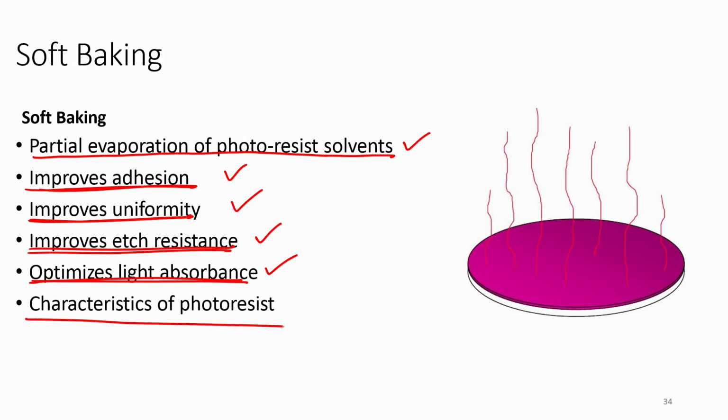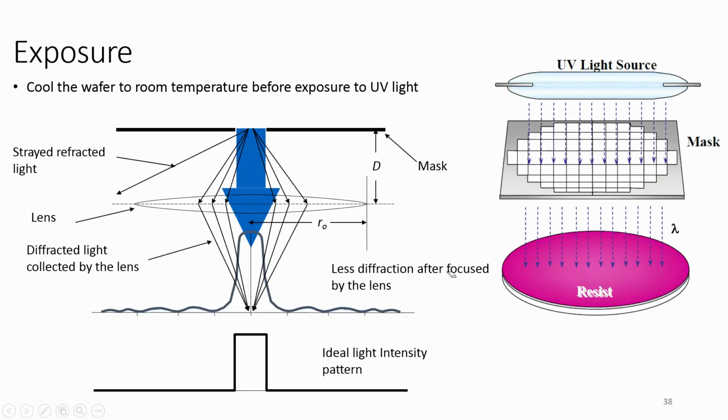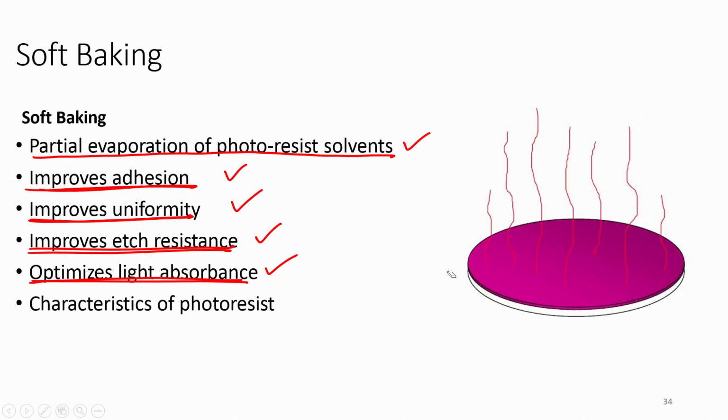Characteristics of photoresist can be defined depending on whether it is bright field photoresist or dark field photoresist, and also what kind of mask you use. So, now we know the advantage of performing soft baking.